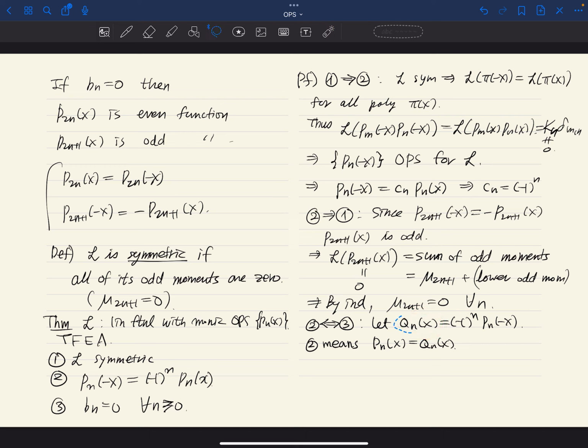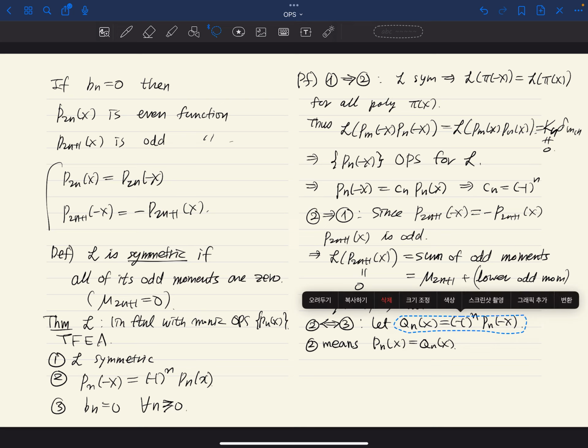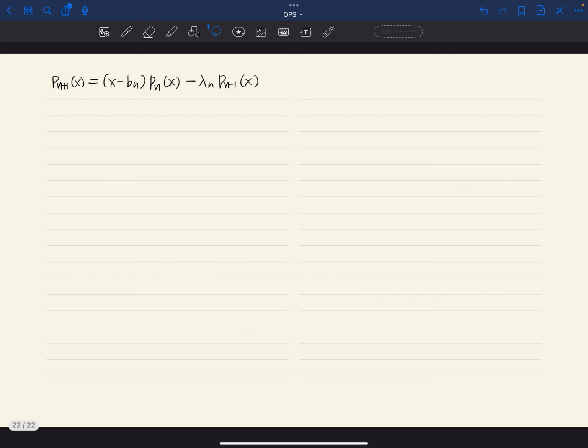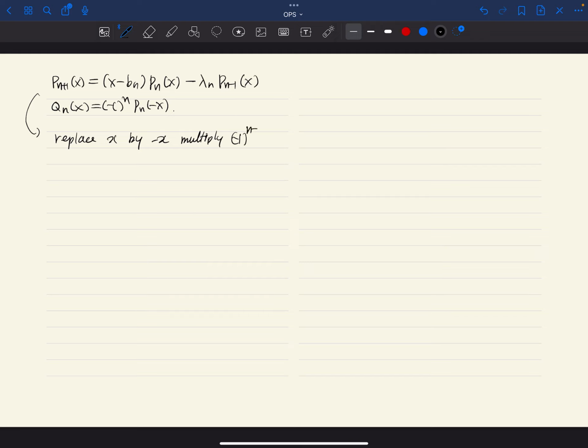Let me copy this; it's easier if you can see it right next to it. Because of this, replace x by minus x and multiply by (−1)^{n+1}. See what happens.